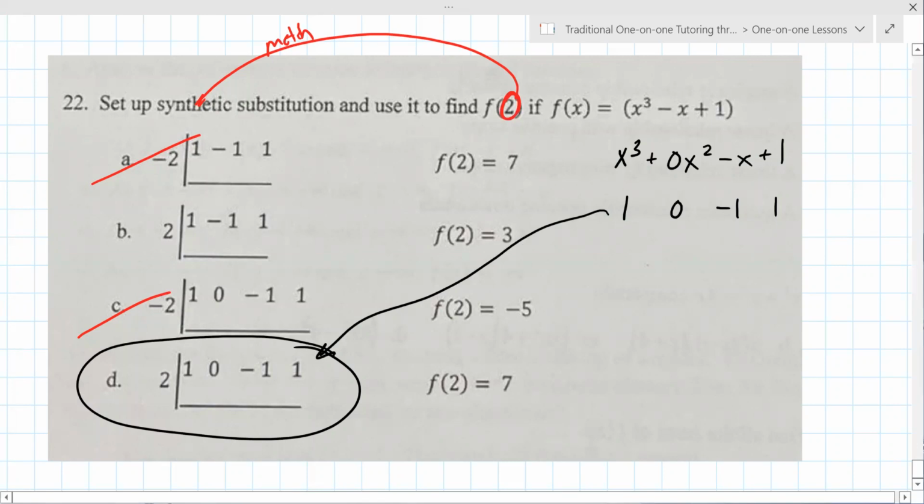What else can we do? Let me see. Number 24.